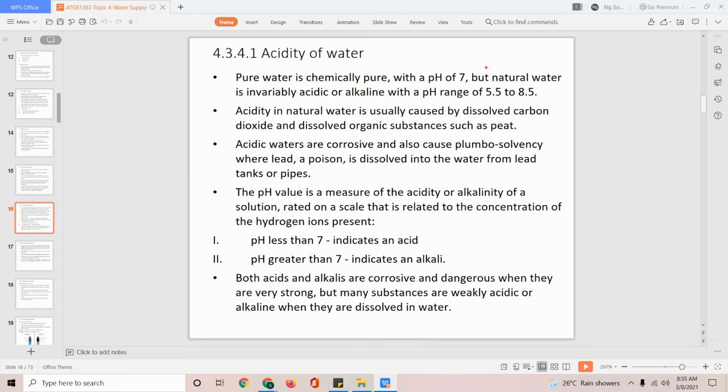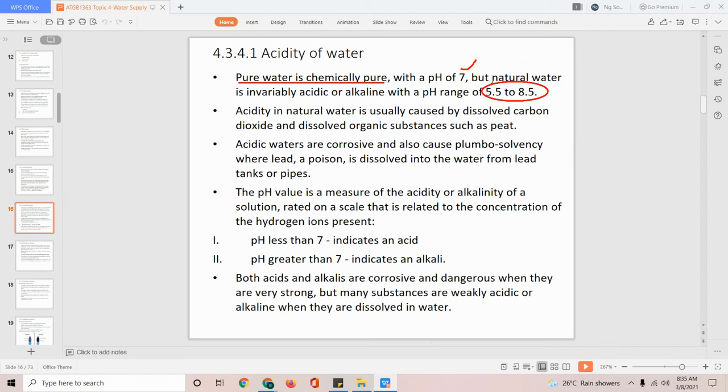Okay, so for here, by right, pure water is chemically pure, which means pH 7. But because natural water can dissolve a lot of material inside it, any naturally sourced water is in between 5.5 to 8.5 value. So it can be either acidic or alkaline.